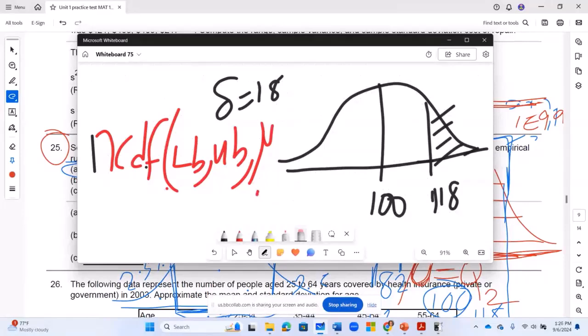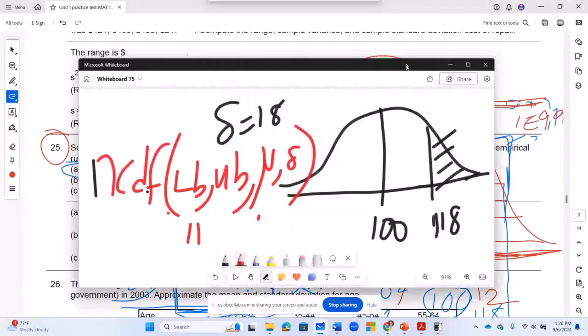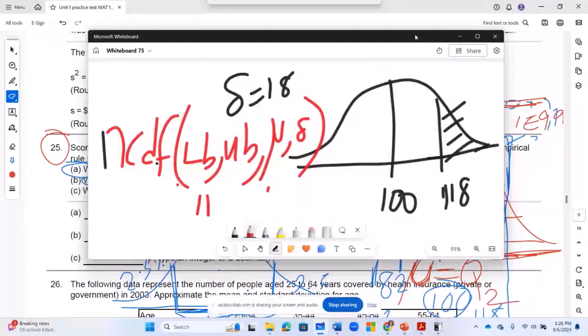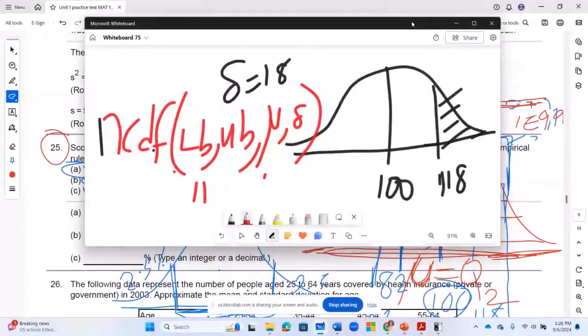So what is the lower bound here? 118. But let me look and see what actually was the lower bound. I want to make sure, okay, 1C says lower bound is 118. So 118, and the upper bound is positive infinity because I'm calculating area to the right.